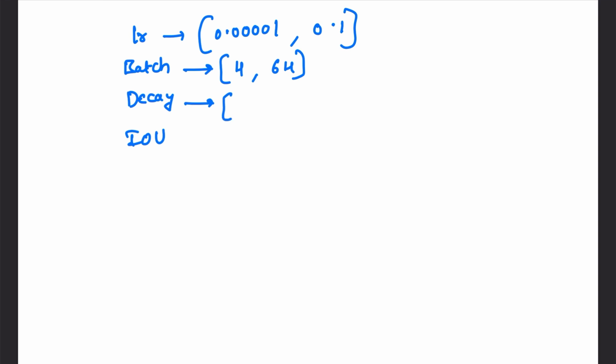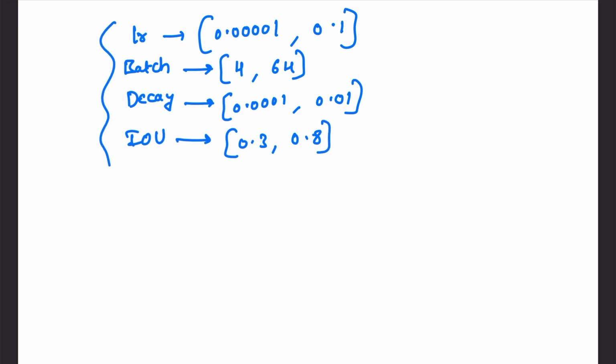Weight decay I want to keep minimum 0.0001 suppose, and I can go maximum 0.01. IOU I want to go minimum 0.3, maximum I can go 0.8 for suppose. So these are the parameters I want to optimize, and these are the ranges. So first we define what are the parameters you want to optimize and what are the ranges for those parameters.